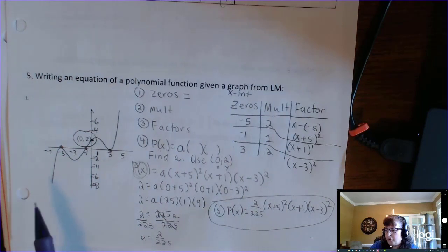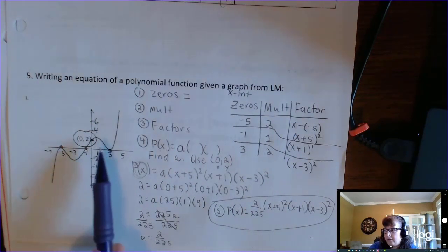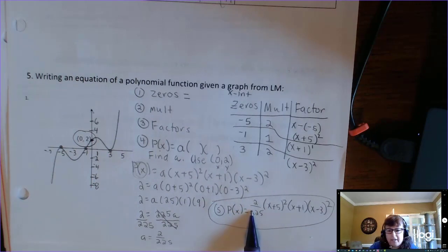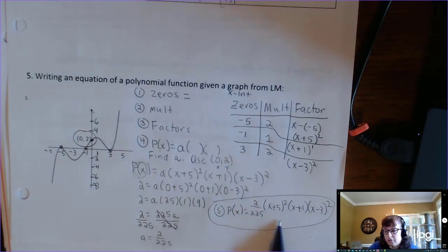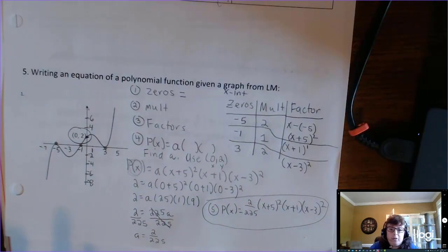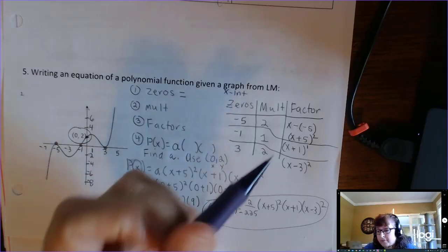And you can check your work. This has down-up behavior, so we would expect a positive a value and an odd degree. Really quickly, we don't want to have to multiply this out. Please don't multiply it out. People are going to multiply it out even though I say you don't have to. It happens in my seated class all the time.